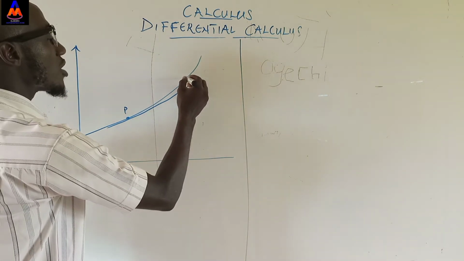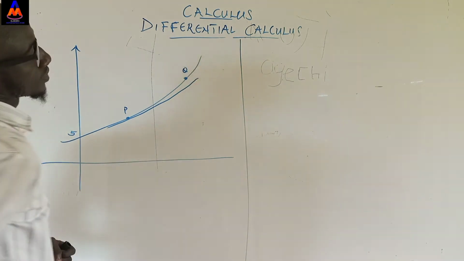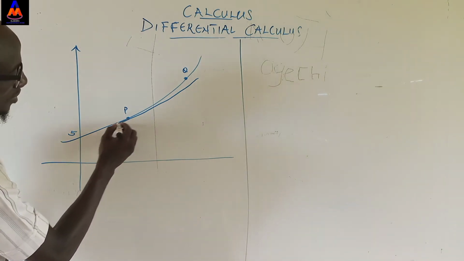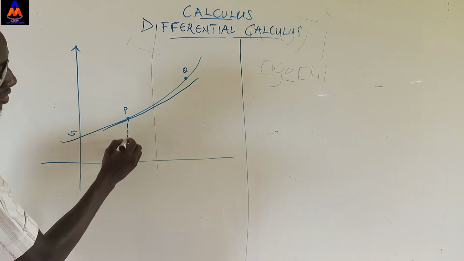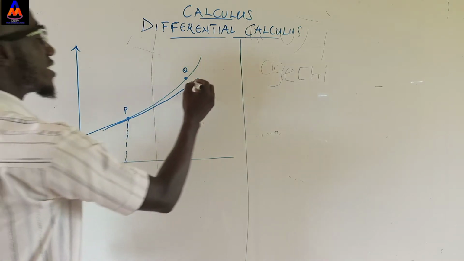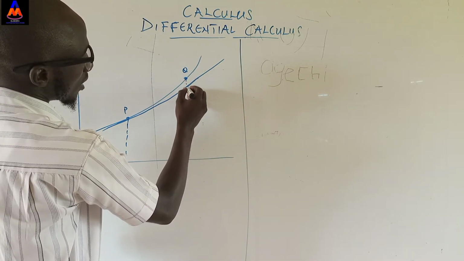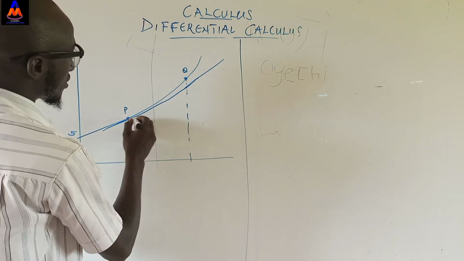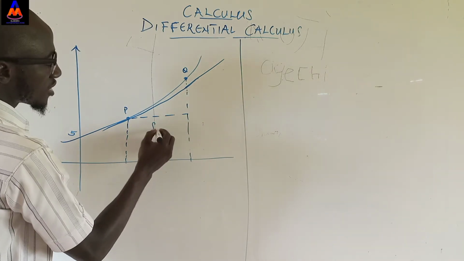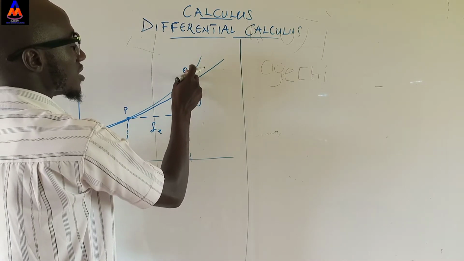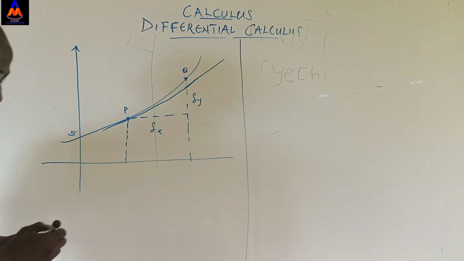Then we can have a neighboring point Q. Now from this point P, we have a tangent which will be used to calculate the gradient of this curve. Don't forget that this will also produce something like this. This one will give us change in x. This one will give us change in y. And this point Q is a neighboring point.